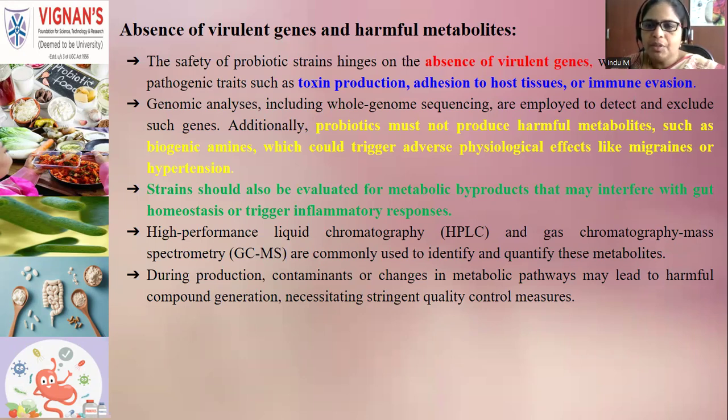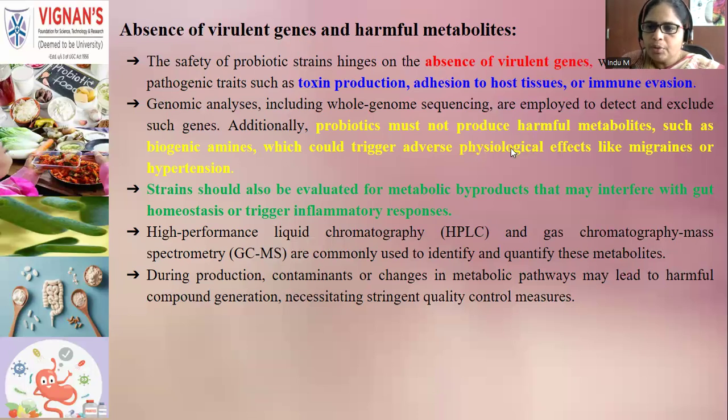So you have to see that the strain doesn't contain any virulence genes, that is, absence of virulence genes. And whole genome sequencing needs to be employed to detect whether it is producing any metabolites or not. And again, you can observe the presence or absence of the virulence genes by studying the whole genome sequence of the strain.